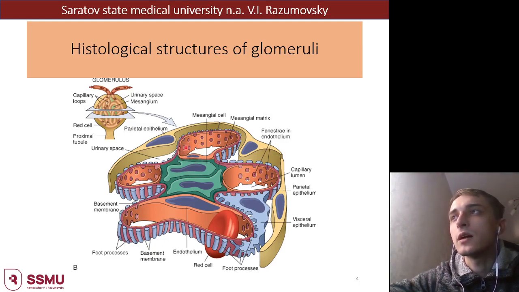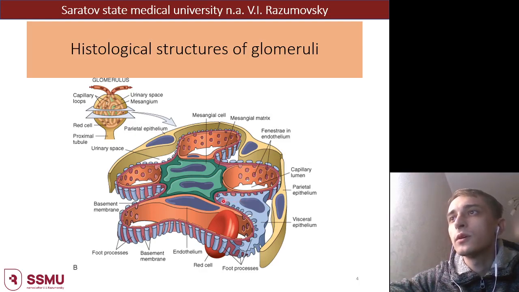We can see some special holes in them, and through these holes we may see realization of filtration processes. Also, one of the most important components of glomeruli is special cells, mesangial cells. Mesangial cells are like a skeleton of the glomerulus, and on these cells we may see accumulation of vessels.